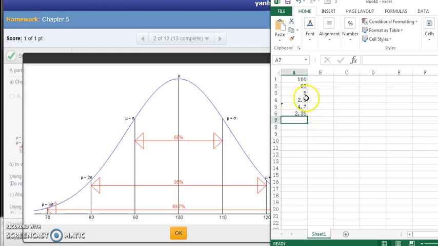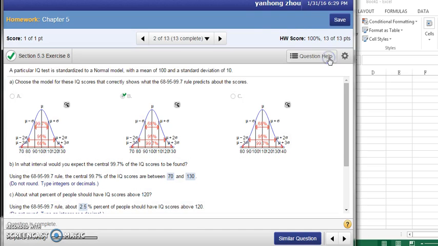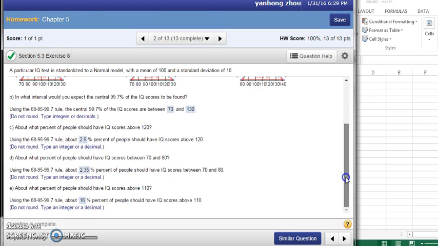I'm using Excel just to show you how to do this calculation. You can simply put them in your calculator. 99.7 minus 95, you get 4.7, and then you divide it by 2, you can get this area. So you see that our correct answer is 2.35.